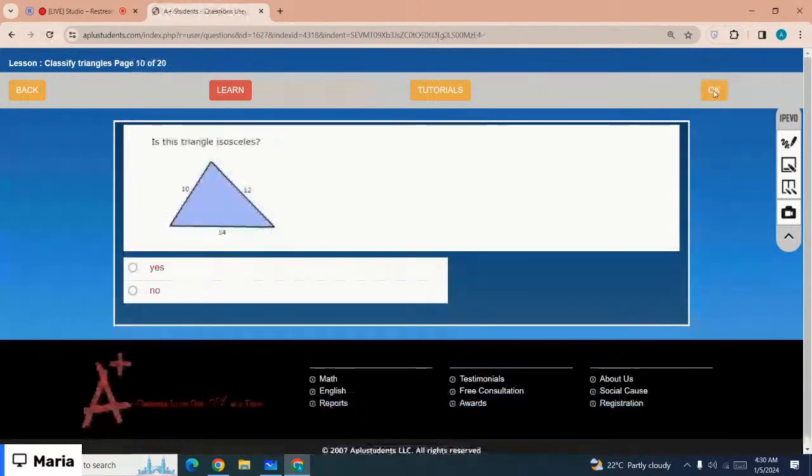Is this triangle isosceles? Yes, it is an isosceles triangle, right?